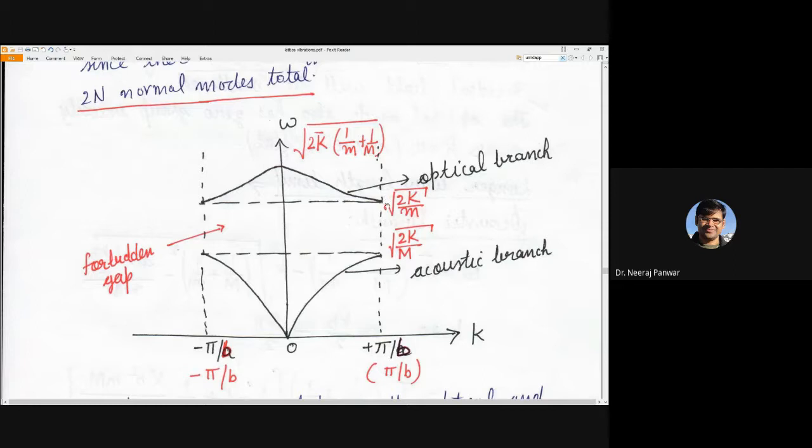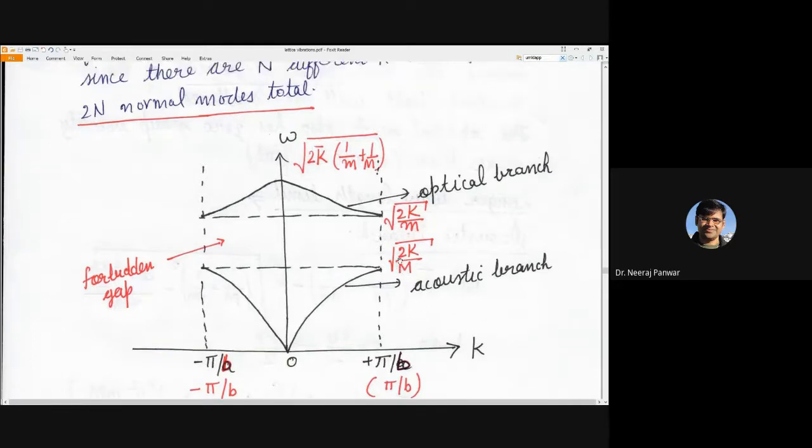In this case, the ion with higher mass will remain stationary, it will not move. And the opposite thing happens for the acoustic branch, where the maximum frequency is obtained at the zone boundary, and it is equal to square root of 2k bar divided by capital M. So in this case, the motion of ions of smaller mass will not be there, only the ions with higher mass will vibrate.